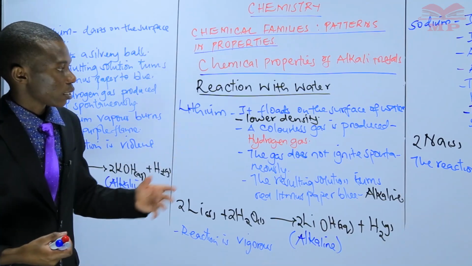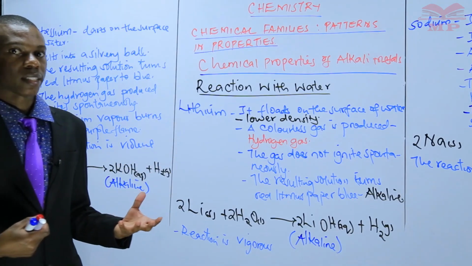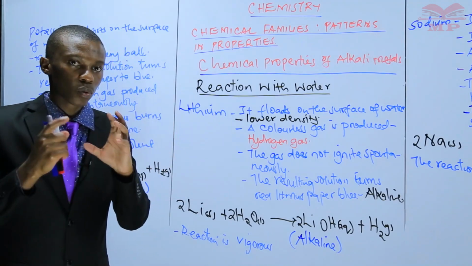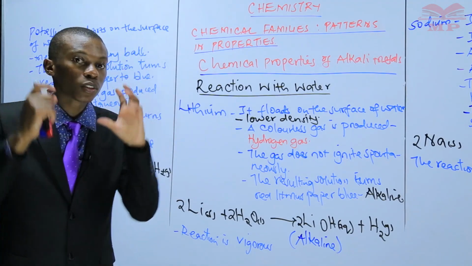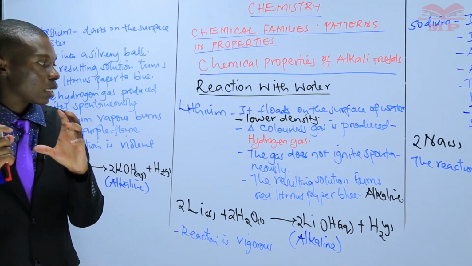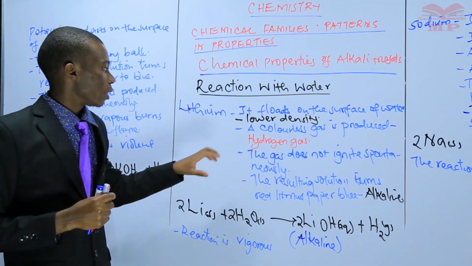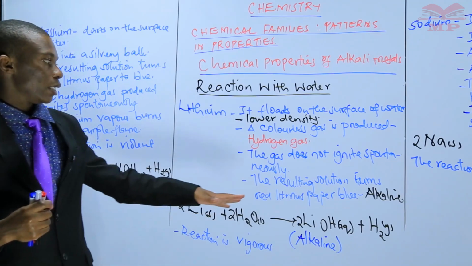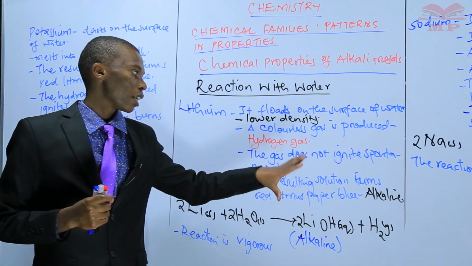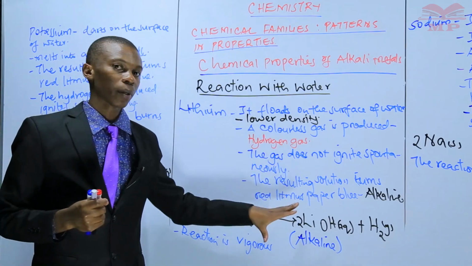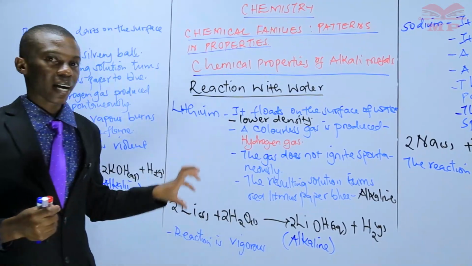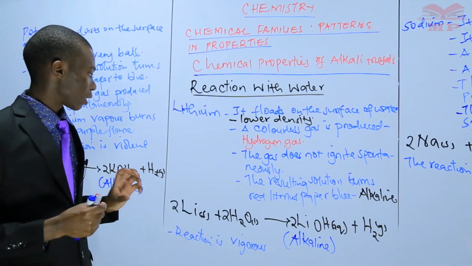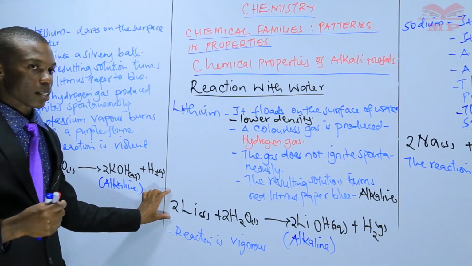There's also a colorless gas being produced, and this colorless gas is hydrogen, because when an alkali metal reacts with water, it leads to formation of a metal hydroxide and hydrogen gas. Then this gas does not ignite spontaneously. Then the resulting solution is alkaline, because it is turning red litmus paper to blue, and that is a characteristic of an alkaline substance. Then you have written the equation for the reaction.